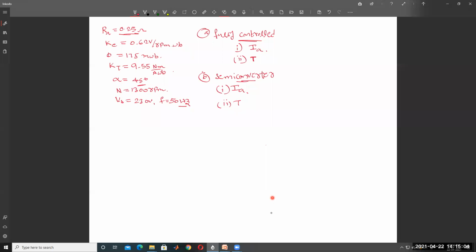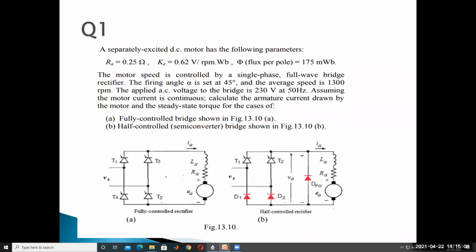Understood? Fully controlled converter and semi-converter.